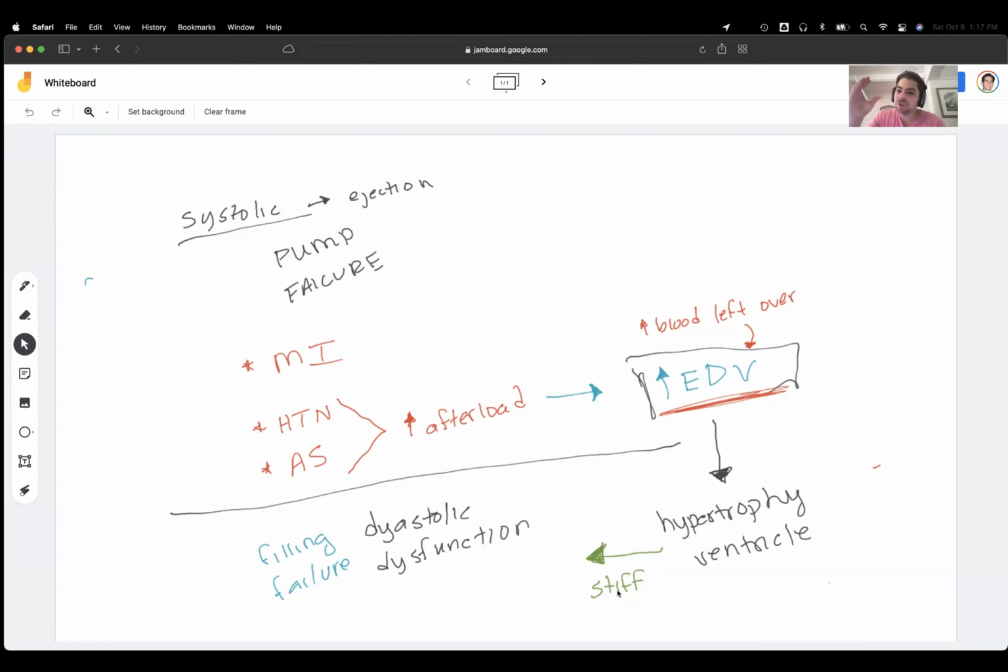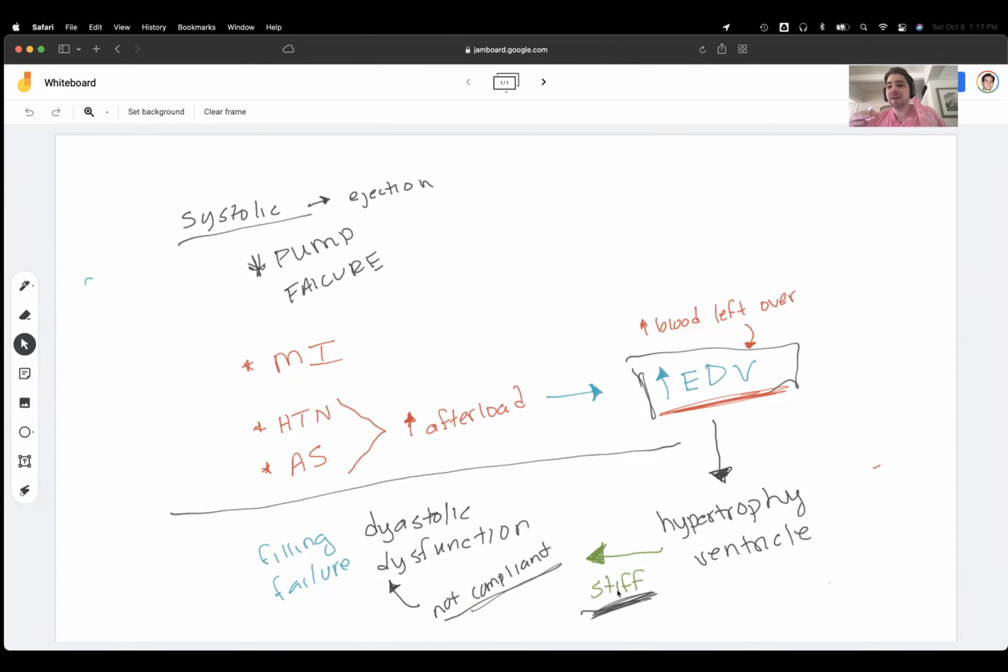So maybe you were able to compensate a little bit with that hypertrophy by making the pump stronger, but because you hypertrophied it, you made it stiff, it's not compliant, meaning it's not going to stretch. So now you have a problem filling the ventricle. Okay, so this is the process.